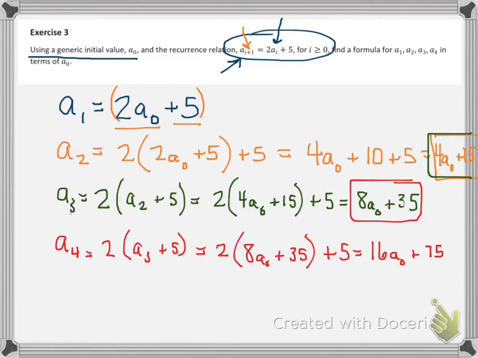And that would continue, right? This would be a sub 4. That's what we would start with, etc. All right, so using a generic initial value of a sub 0 and the recurrence relation given, there are the formulas for a sub 1, 2, 3, and 4.